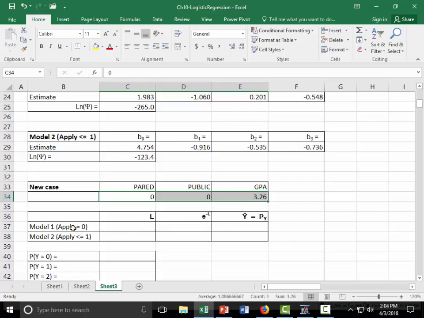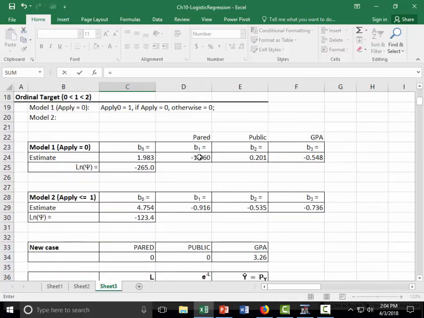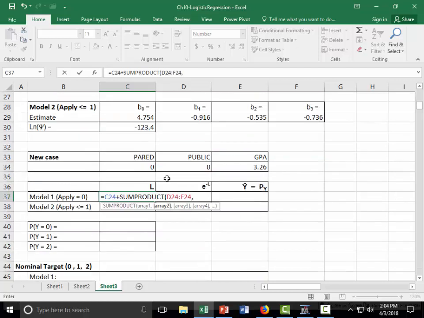So if you set up your L here from the first model, which is b sub 0, plus some product of the coefficients with the predictor values, that will give us the value of L for that profile.